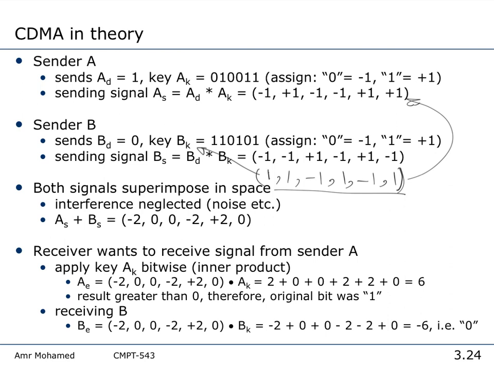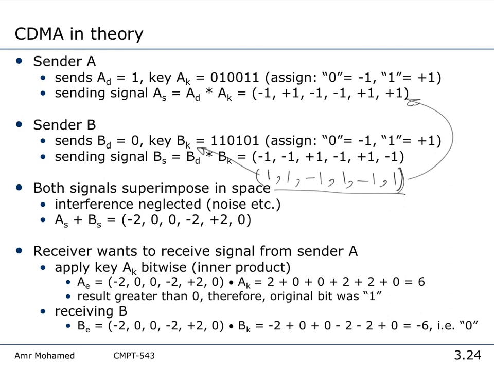If at the receiver you want to receive the actual data of A, then you multiply this by AK. In that case, AK is this.